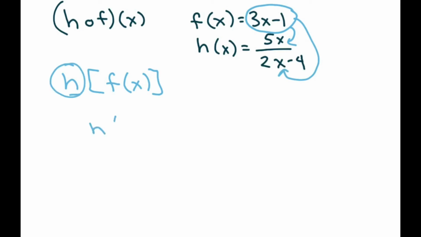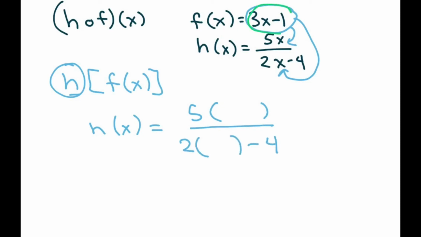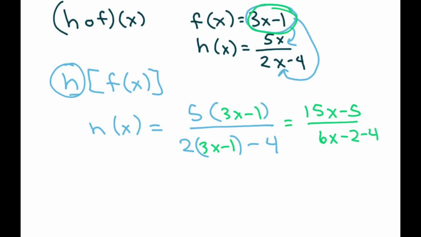So I'm just going to merely write my h, but put parentheses where the x goes. And I'm going to dump in my 3x minus 1, just use substitution. And then we're going to clean this up by simplifying 15x minus 5 over 6x minus 2 minus 4.